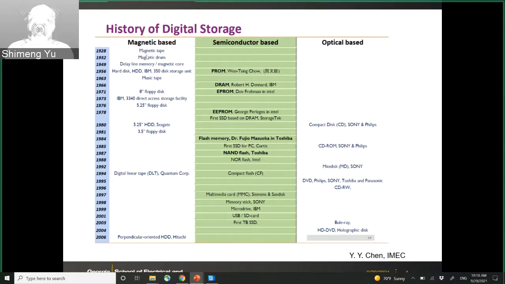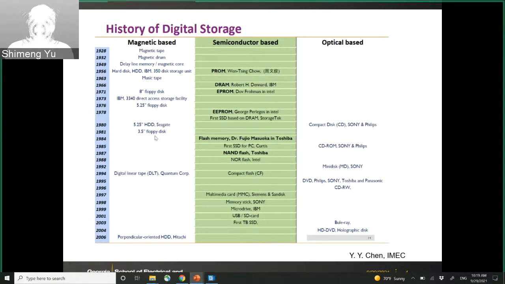The magnetic tape: I don't know how many of you still remember the magnetic tape. When I was young, I used to use magnetic tape. And then the floppy disk. I don't know how many of you have used the floppy disk. Anyone here? Oh, actually quite a few. Okay.